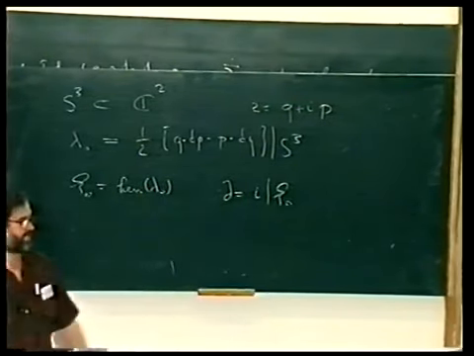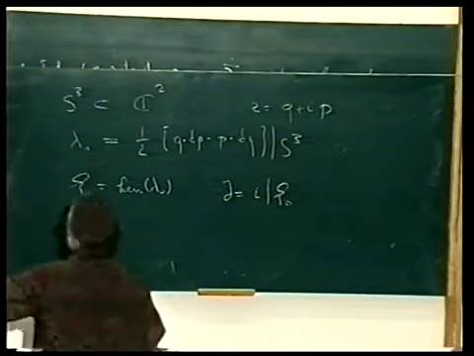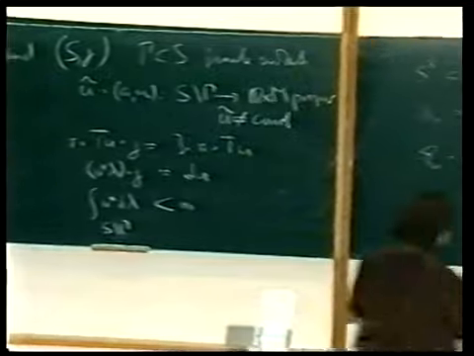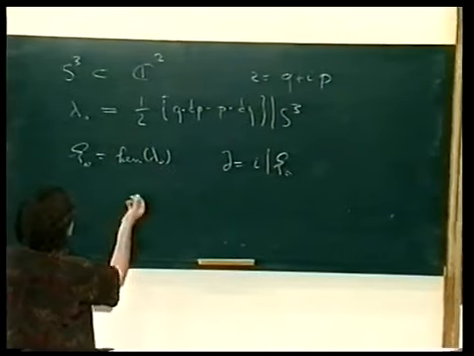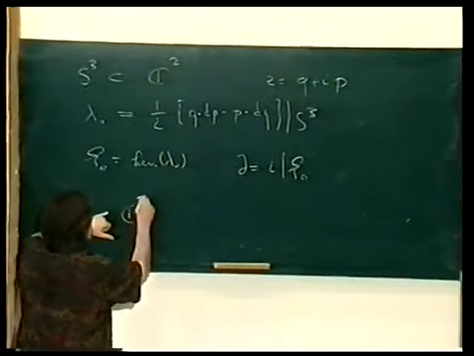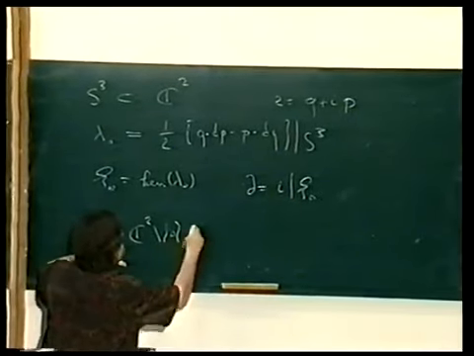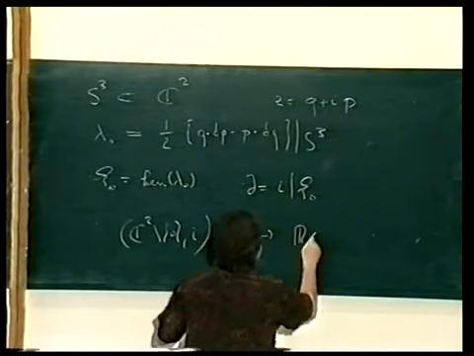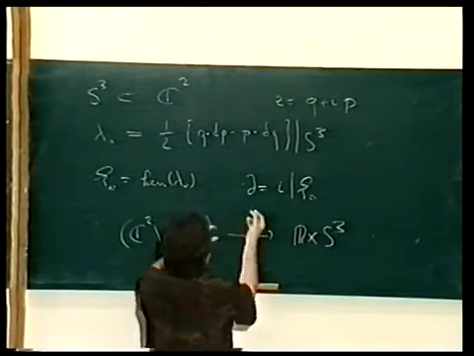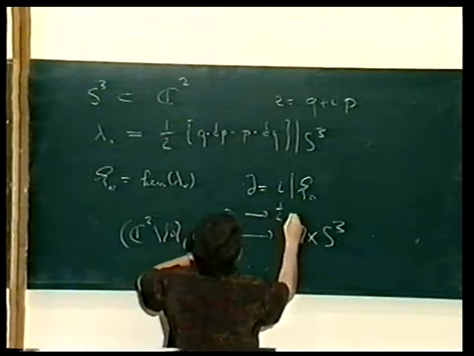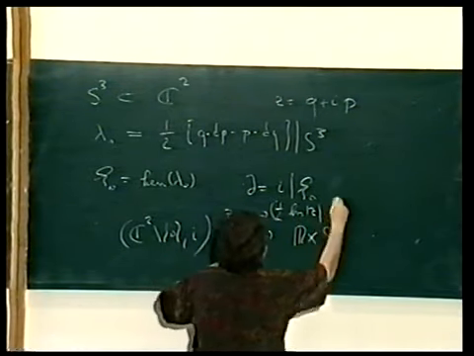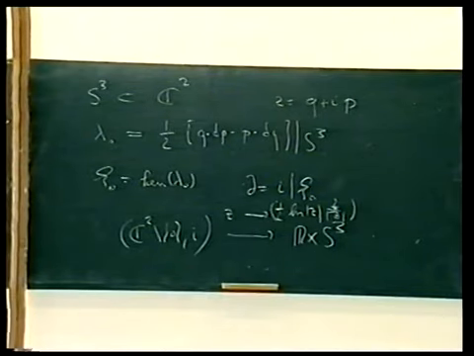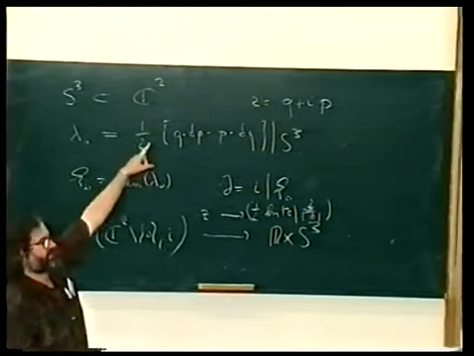I just take multiplication by I, and then I look at this equation here. Now take C2 without 0, with complex multiplication I, and take R cross S3, and take as map z goes to 1/2 ln |z|, z divided by |z|. The vector field X is generating the Hopf fibration.